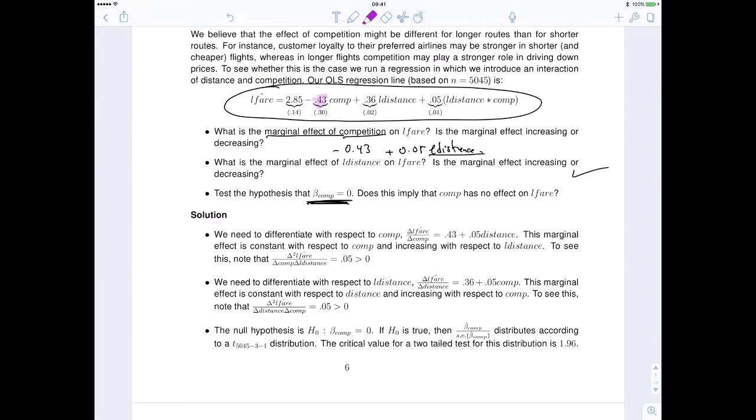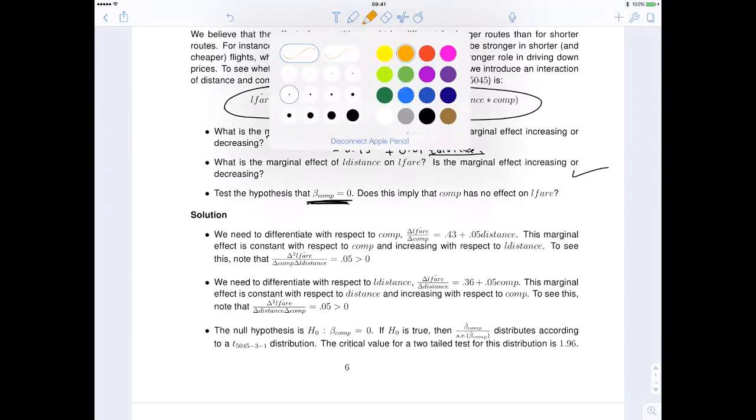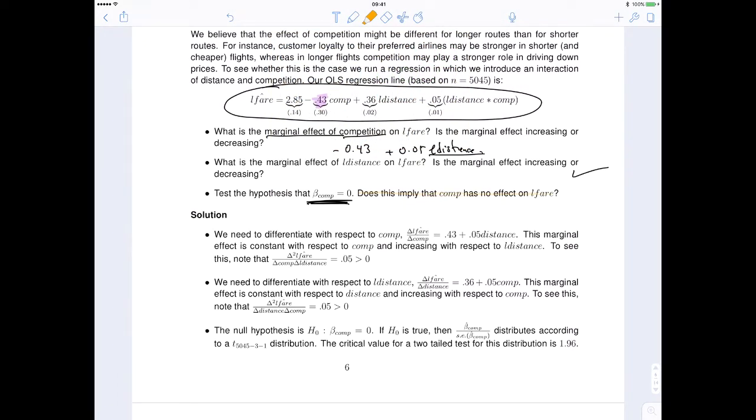Okay. Here's the tricky question. Does this imply that comp has no effect on L fares? Some students might be tempted to say, oh, beta comp is equal to 0, therefore this implies that comp has no effect on L fares. Why would that be wrong? It would be wrong because competition enters here, but competition also enters here.